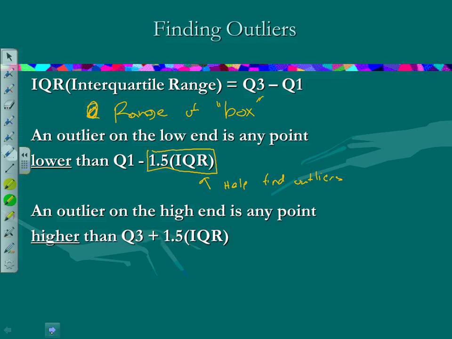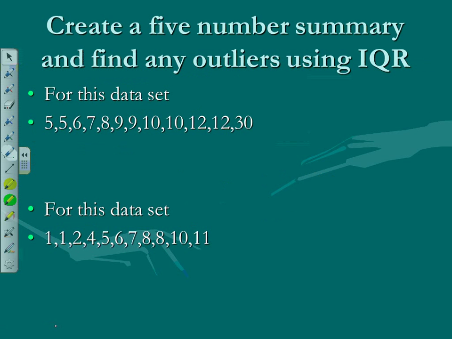Okay, that's a lot. Let's do some calculations. Go ahead and write down this data set. 5, 5, 6. Go ahead and add a -3. And throw in a 16.